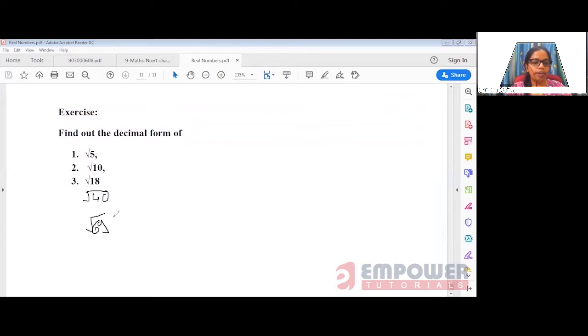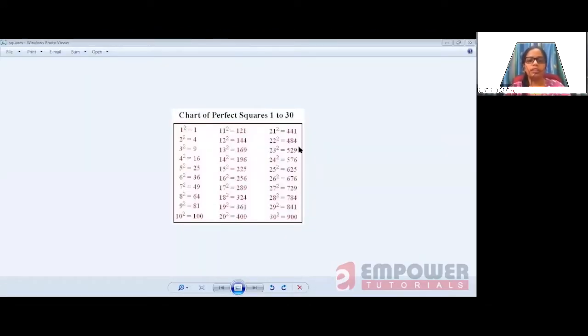So you have to find out these values. This is your homework. Take a screenshot of this. I'm going to ask you the square of any of these numbers, so make sure you are taking a screenshot of this.